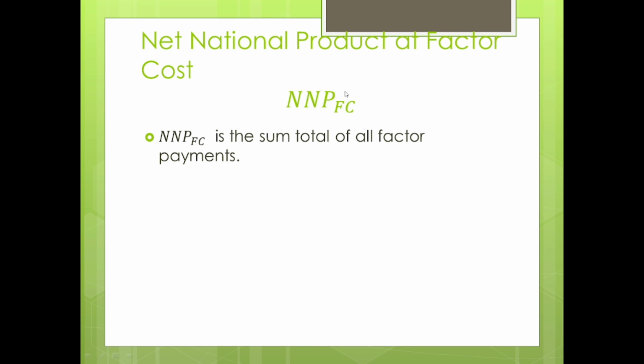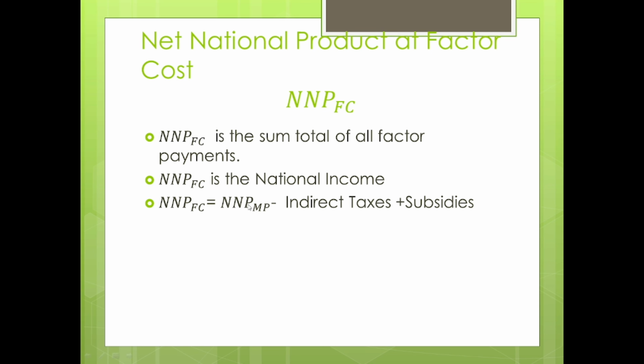So for market price, I find the goods and services, multiply with the market price, and we get NNP at market price. But to know factor cost, I add all the incomes received by the factors of production like land, labor, capital, and enterprise. Remember friends, NNP at factor cost is nothing but the national income of the country. Now suppose you are given NNP at market price.